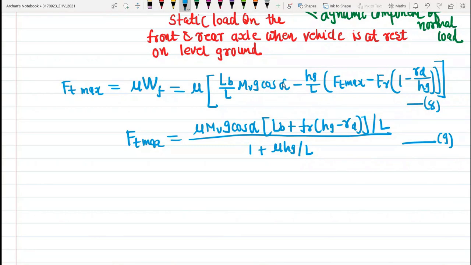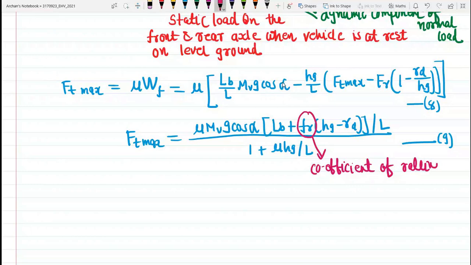Here the fr term is there. Fr is nothing but the coefficient of rolling resistance.